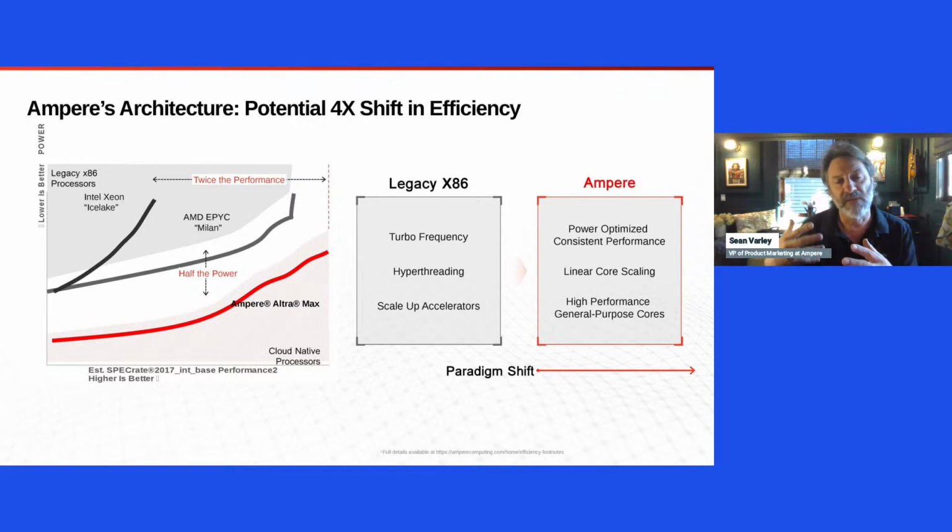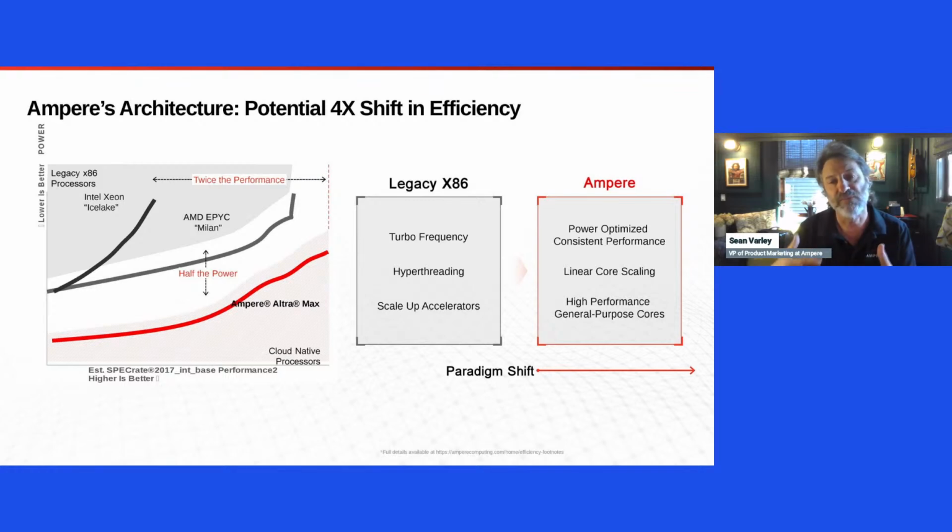And that is the basis of this potential 4x shift in efficiency. Really kind of groundbreaking technology for server processing in terms of efficiency. And again, that's what we're going for. That's where the sustainable cloud comes from.